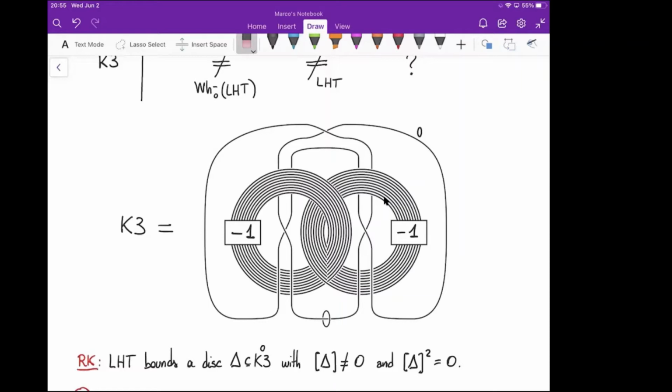And that complicated handle actually gives you a slice disk for the left-handed trefoil in K3, with the property that its homology class is non-zero because it winds over a handle exactly once, but the intersection form computed on it, so delta squared, is actually 0, and this comes from the fact that the handle is zero-framed.